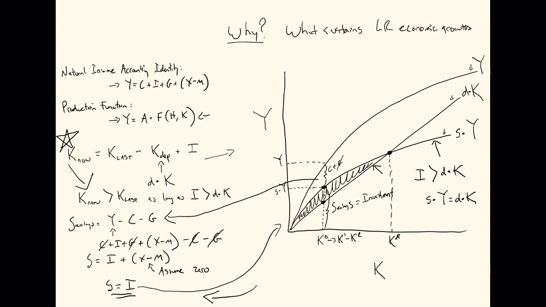And then to find our steady state GDP, remember to trace up to the actual production function. Oftentimes, students will trace horizontally from this point. That gives us our steady state level of savings, but we have to trace up to the production function to get our steady state level of GDP.